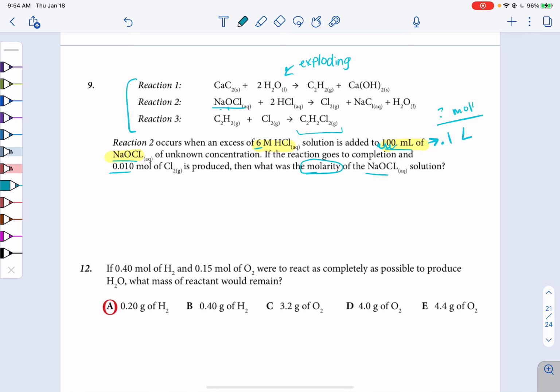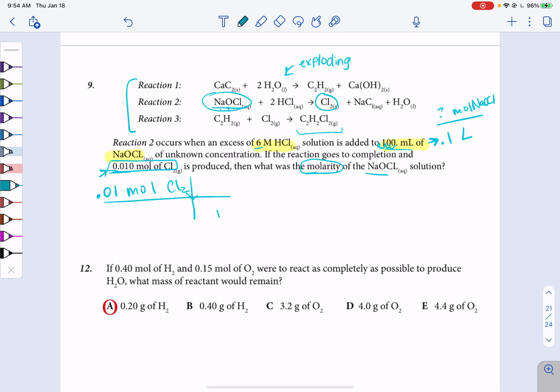I just need moles of the NaOCl. And I know that it goes to completion to create this amount of chlorine gas. So I'm going to start here so that I can then take this moles and go backwards to get the moles of the NaOCl. So 0.01 moles of Cl2.